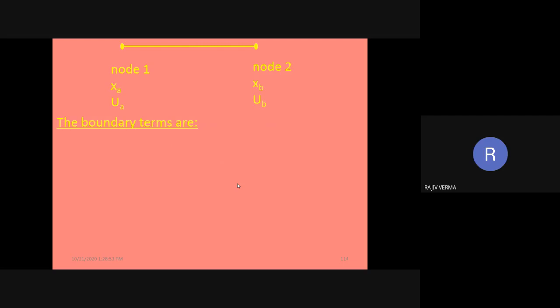And then we had the boundary conditions prescribed in terms of the value of u at x is equal to 1, and similarly there was another boundary condition prescribed in terms of the flux at x is equal to 2. So these two boundary conditions were known to us.